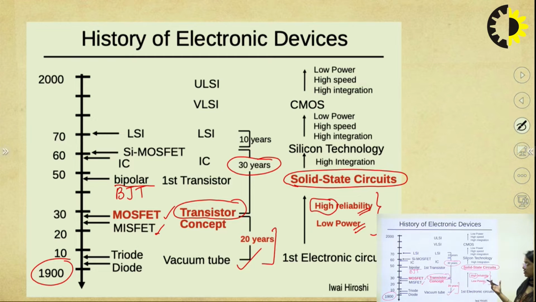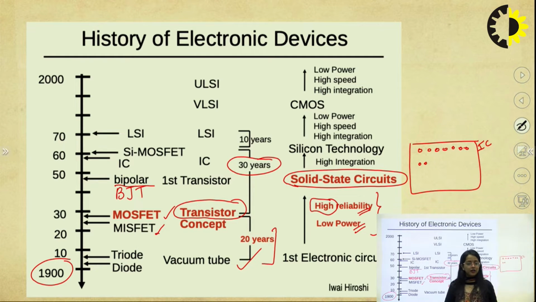When a number of transistors are fabricated on a single chip to achieve a given task, we call this an IC. This IC performs a number of tasks, and we have a common platform on which we can realize many functions.